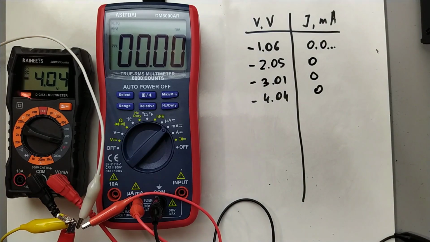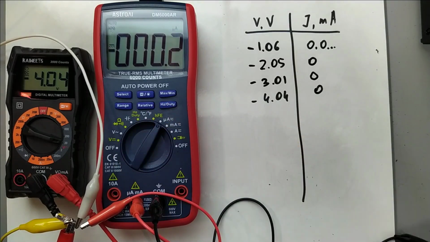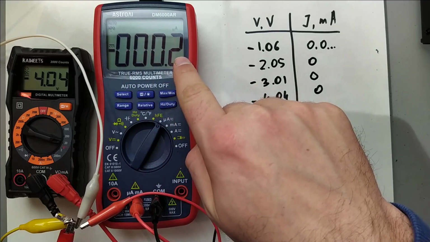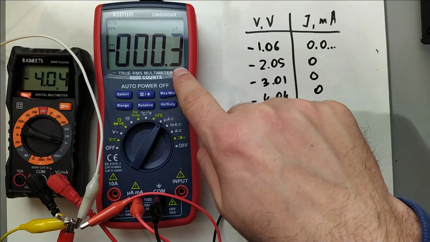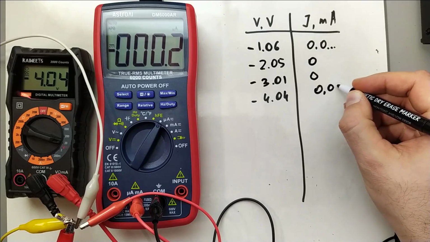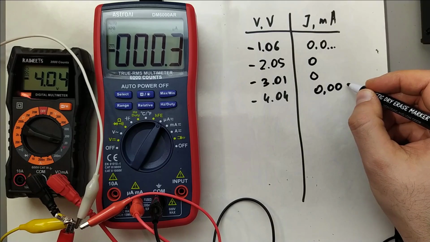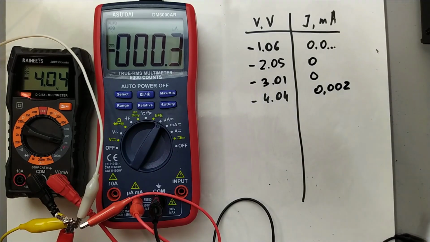This current actually is probably not equal to 0. Let us try to go to microamperes. Well, yeah, now we see that there is some negative current because we have negative polarity, and a very, very small reverse current, which is 0.002 milliamperes.